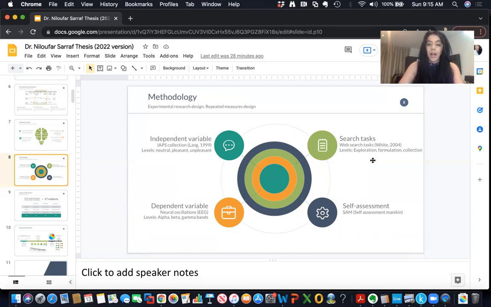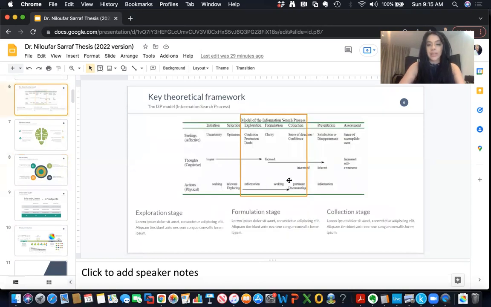So I had them perform these tasks, and based on the different variety of tasks that he had, I was able to connect that, okay, they did this task, and this is the EEG that they exhibited, and this task, based on White, correlates, for example, with the exploration stage.